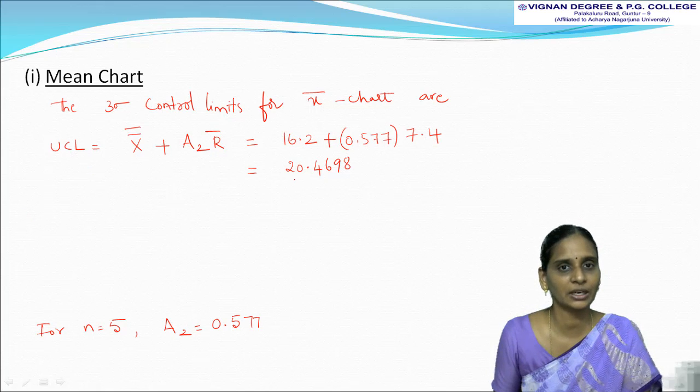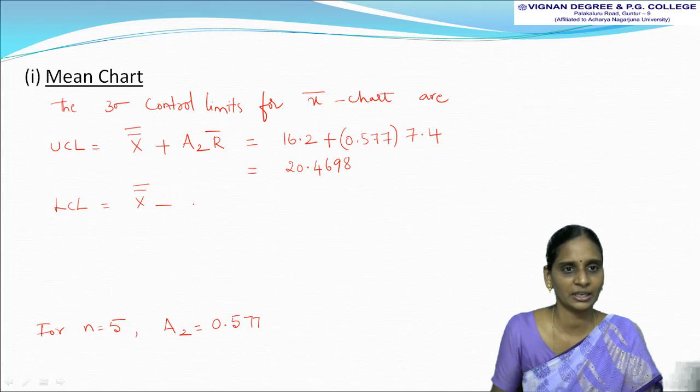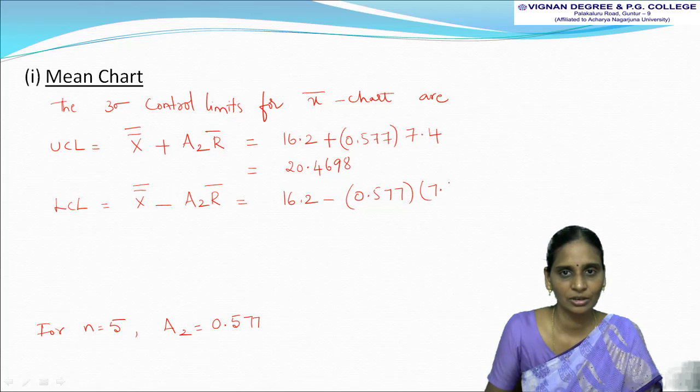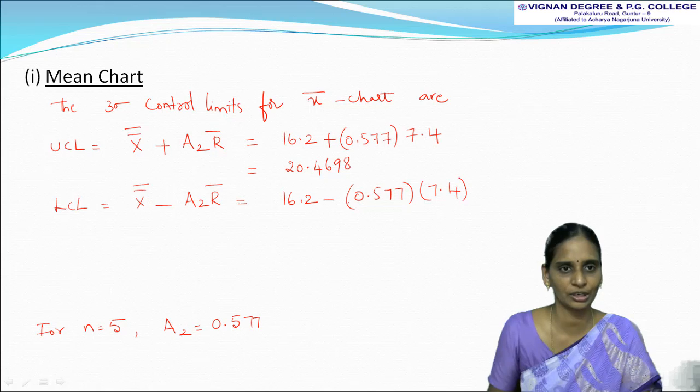So this is the upper control limit value and the lower control limit. The lower control limit can be expressed as X double bar minus A2 R bar. So the X double bar value is 16.2 minus A2 value is 0.577, and the value of R bar we already calculated in the previous slide, X double bar and R bar values. X double bar value is 16.2 and R bar value is 7.4.